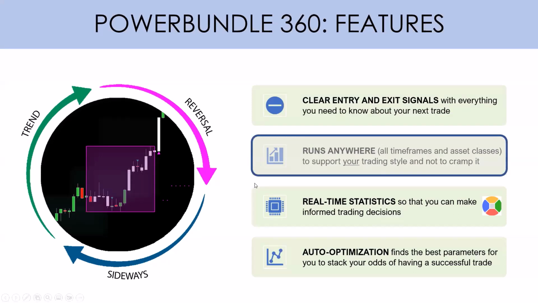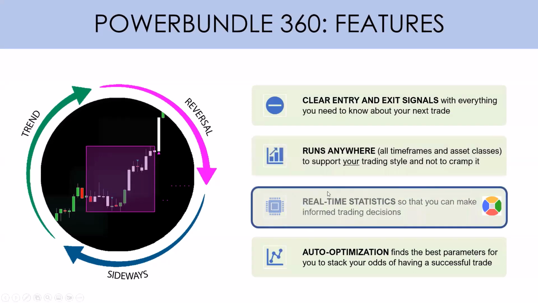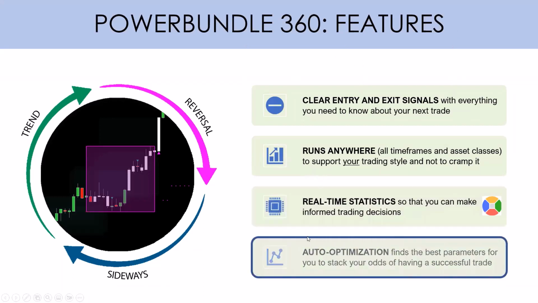Real-time statistics are displayed for every indicator right on the chart in the top right corner. And with generation 3, the latest generation, you will also get auto optimization, which we have built into these indicators, and which I believe will make a big difference in your trading experience.